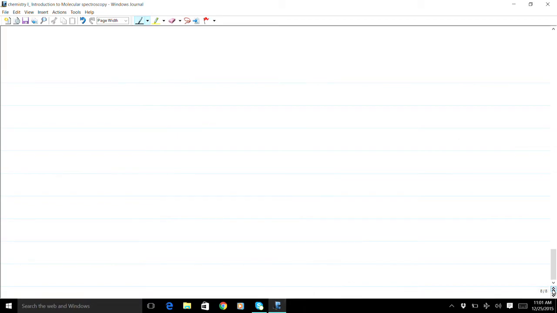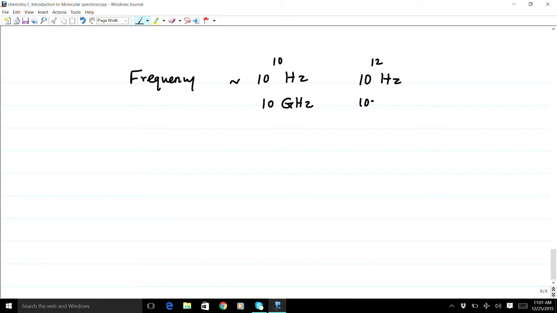Okay. Radiation frequency range, if you remember, is 10 to the 10 hertz, that is about 10 gigahertz, to about 10 to the 12 hertz, which is 1000 gigahertz, or a terahertz.